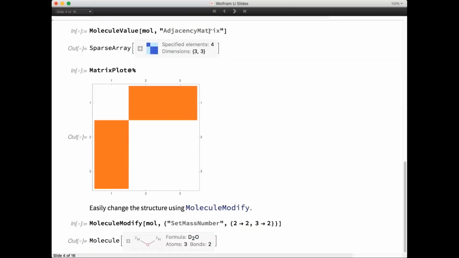So you can get the adjacency matrix just like we did earlier with chemical data, and you can do a matrix plot. You can do any types of matrix operations that are available in the language. You could also change the molecule. You can set the mass number for the two hydrogens equal to 2, and so that essentially gives you now deuterium oxide.